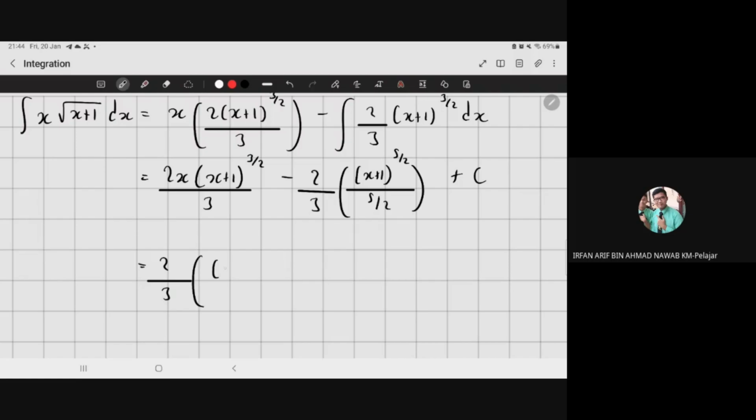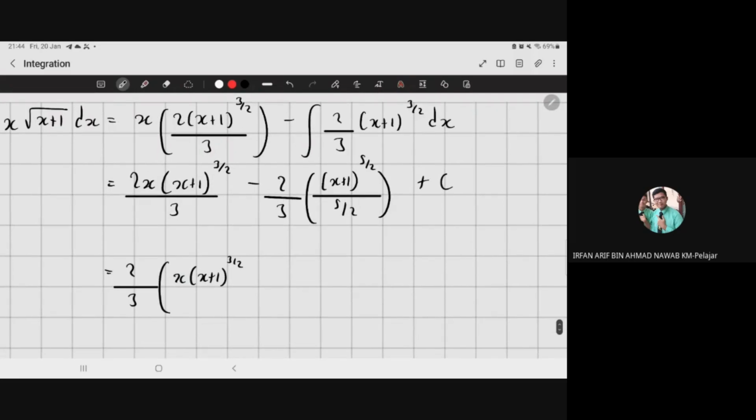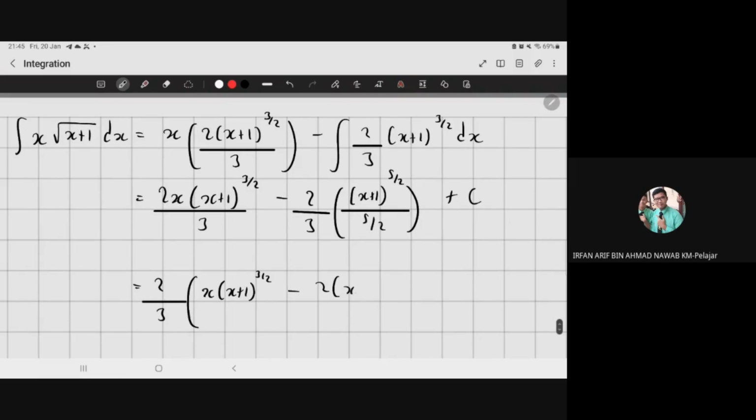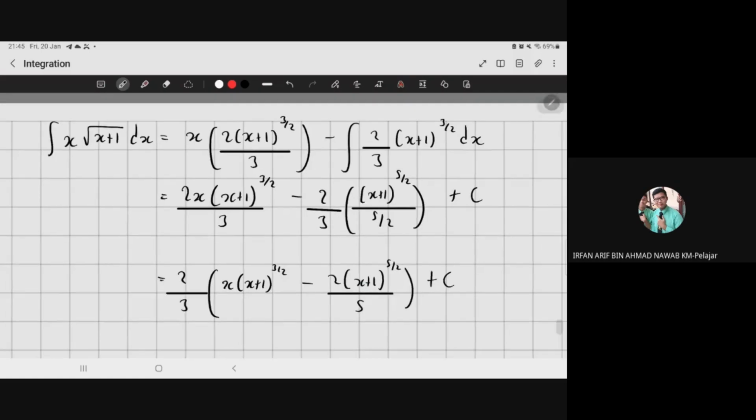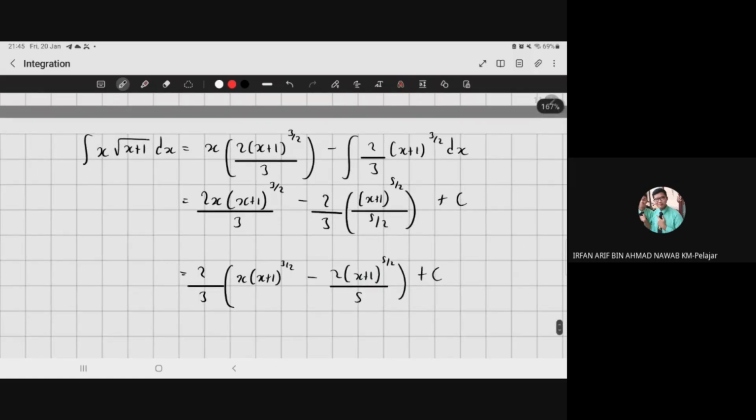You get x times x plus 1 to the power 3 over 2 minus 2 over 5 times x plus 1 to the power 5 over 2, plus c. Yeah, that you should get.